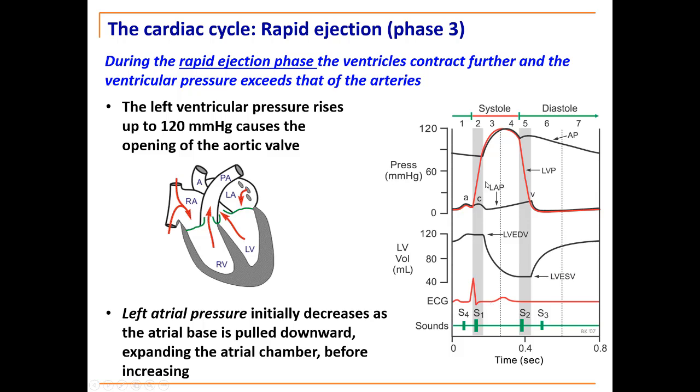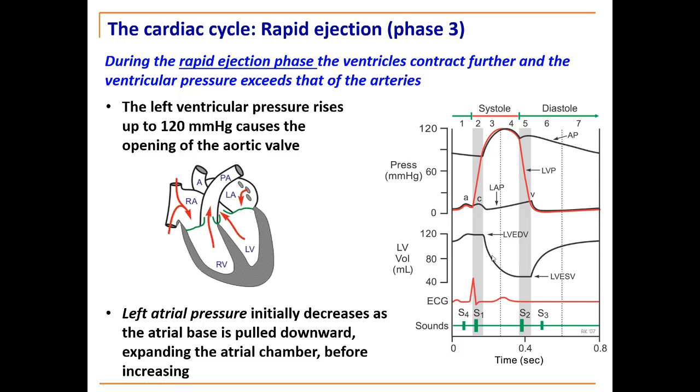We're getting a rapid increase in our left ventricular pressure, which now exceeds that of the aortic pressure, and therefore blood can now leave the left ventricle into the aorta because the valves are now open. And you can see that because the left ventricular volume is now decreasing at this phase as it's being pumped out of the left ventricle and into the aorta.